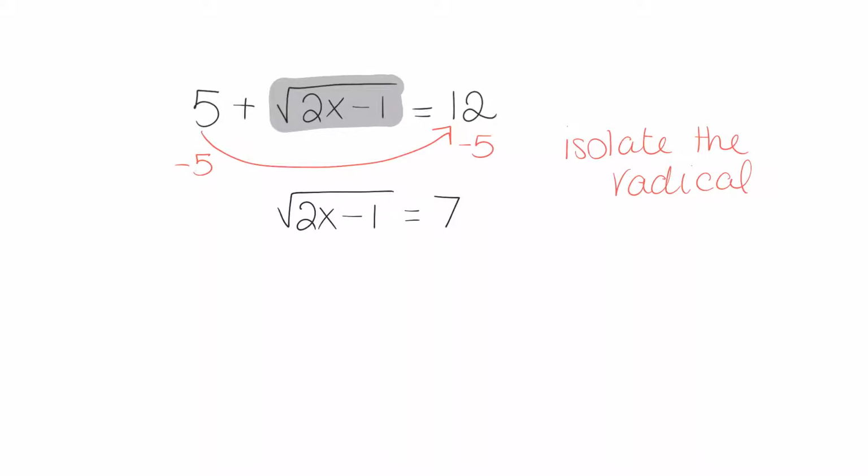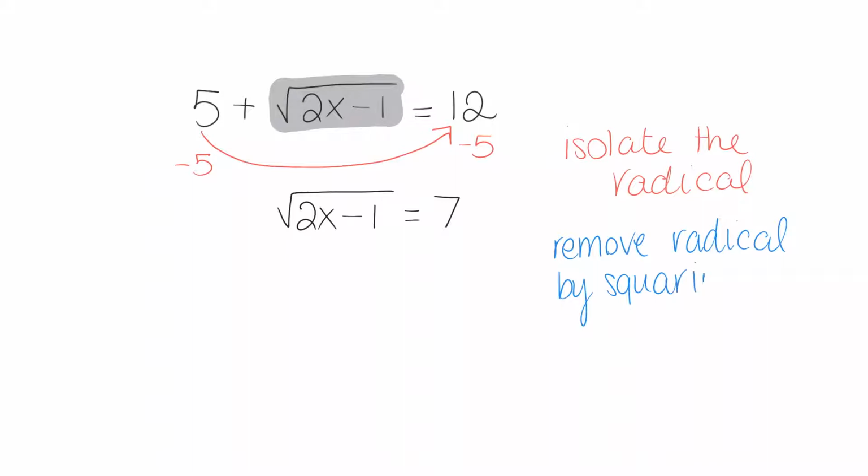Okay, now we need to remove this radical. So just like the opposite of adding is subtracting, the opposite of a square root is to square. So we're going to remove the radical by squaring everything, right?